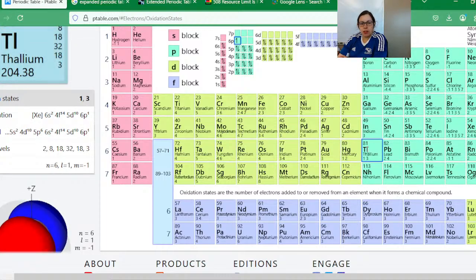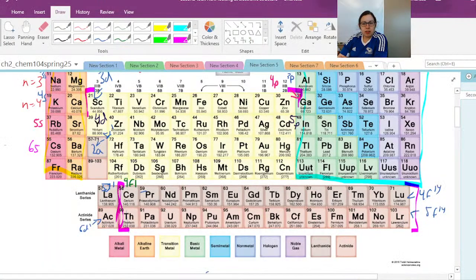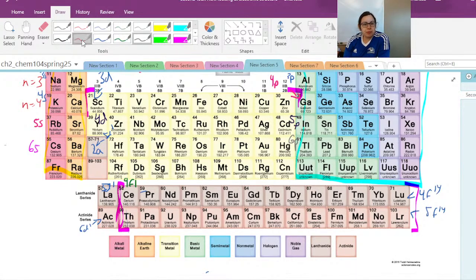And then of course, now we're at thallium, now we're at 6p. And again, I would label that on your periodic table 6p, so you don't forget. It gets really confusing at the end. So 6p, finished off that, so we're at 86 for radon.